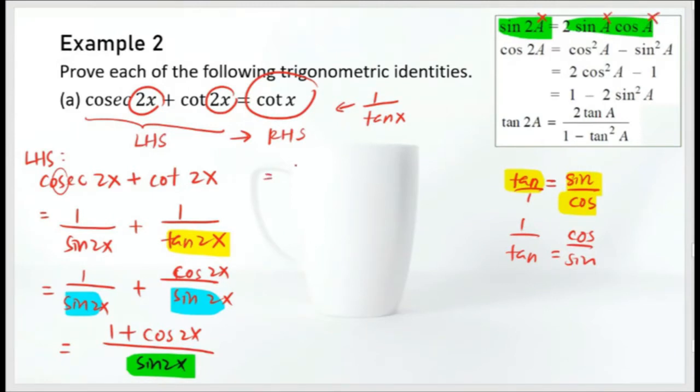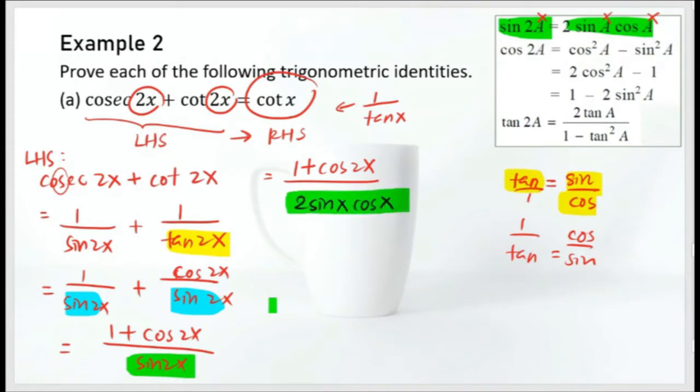So the upper part, leave it first: 1 plus cos 2x over 2 sine x cos x. Here, we changed using the double angle formula. Then after this, 1 plus cos 2x.